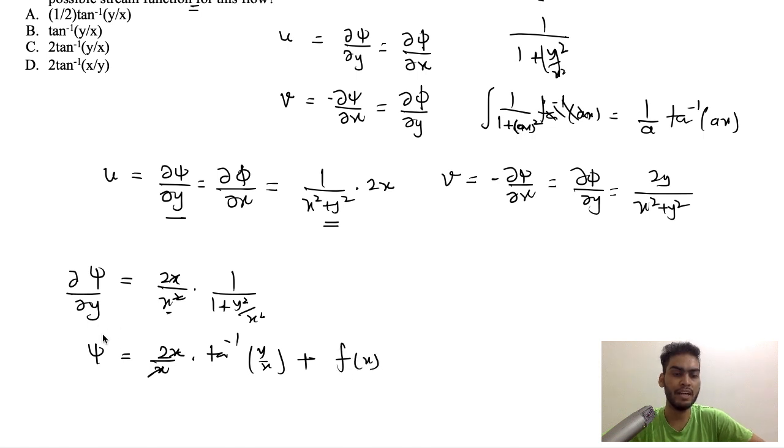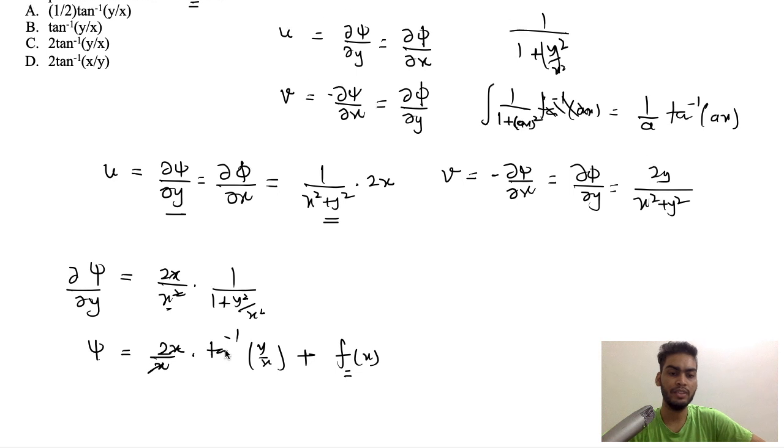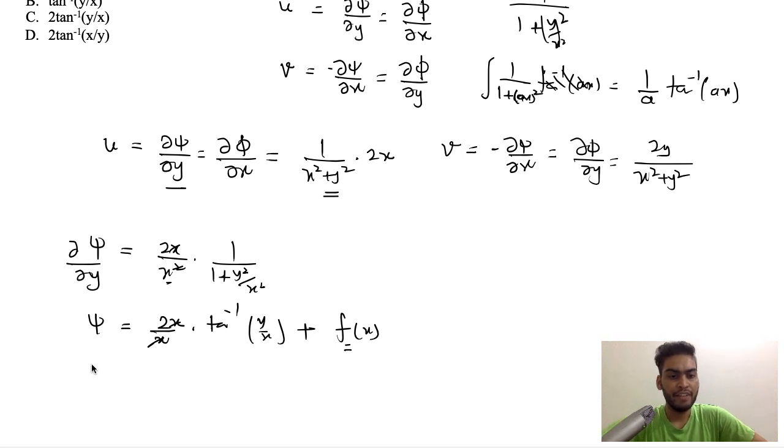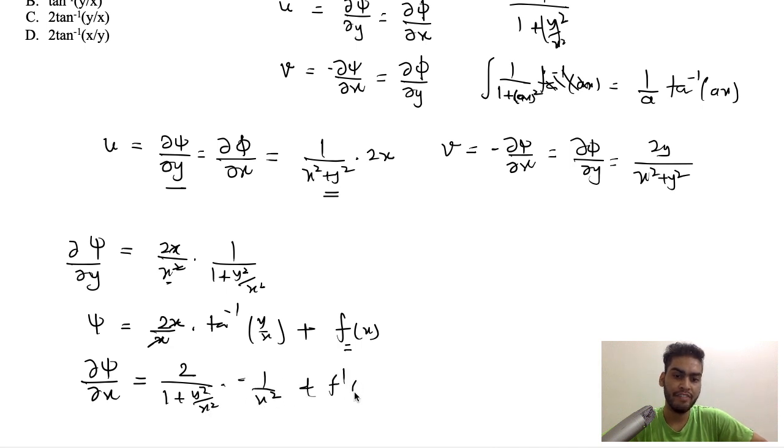Because it's a partial integral, we obtain the constant parameter in terms of the other variables. If we differentiate it with respect to x, we have del psi upon del x as 2 upon 1 plus y square upon x square times minus 1 upon x square plus f dash x.